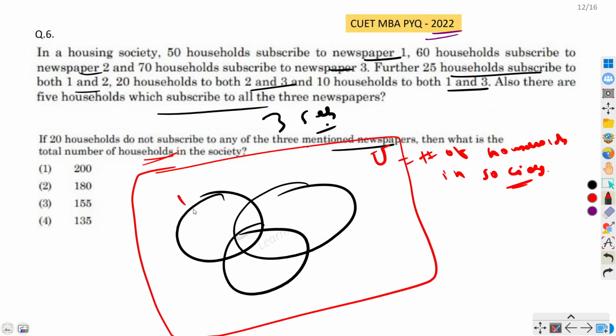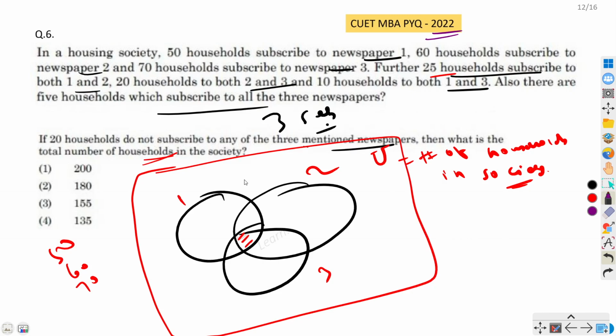Okay, let's say this is the first newspaper, second, third. First one is 50, second is 60, third is 70. And the 3 common ones are 25, 20 and 10. And there are 5 who are in this common one, in all 3. So this is 5. Now we will use union.